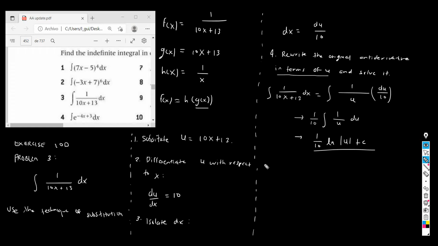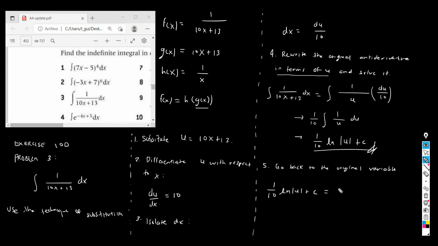And now, for the final step, let's go back to the original variable, which is x. Now that you know that this is your answer, just rewrite it using your original variable, which is x, right?